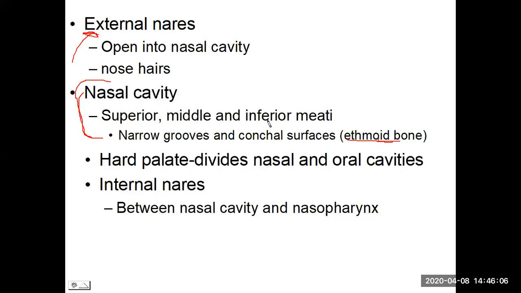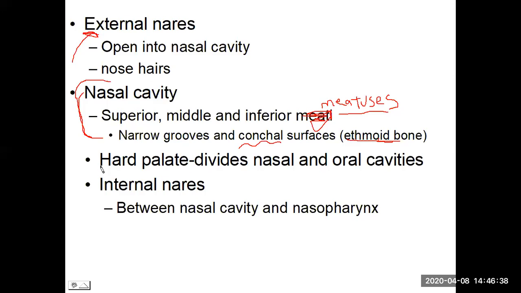So we have these branches, these ridges of bone, and the air circulates between these areas, specifically in the area of the nasal meatuses. And I'll just go ahead and fix that. So meatus is the proper plural term, when the air is flowing through the meatuses around the various nasal concha.